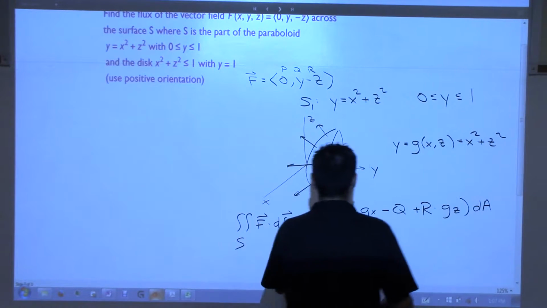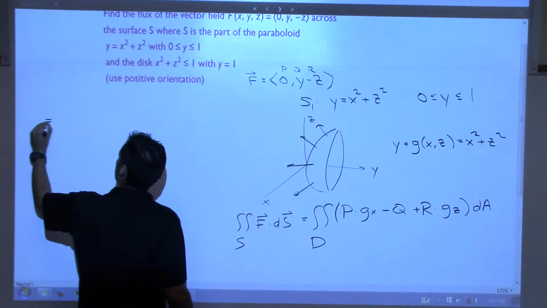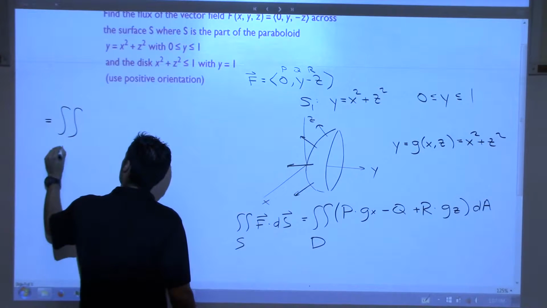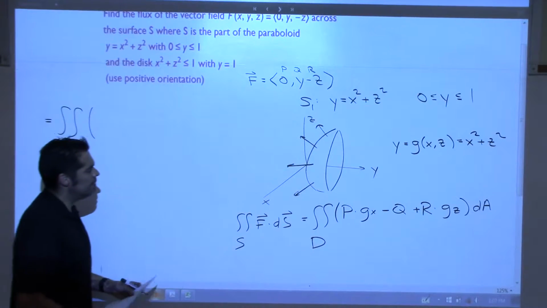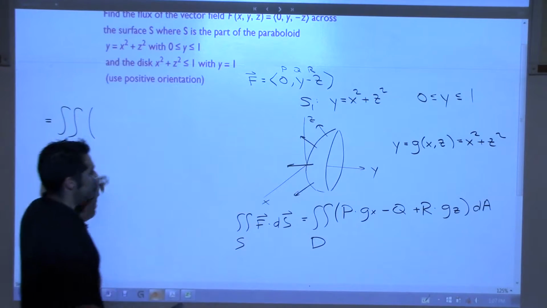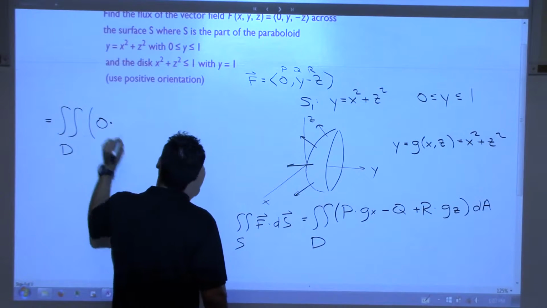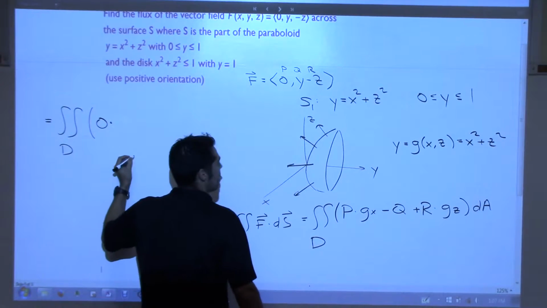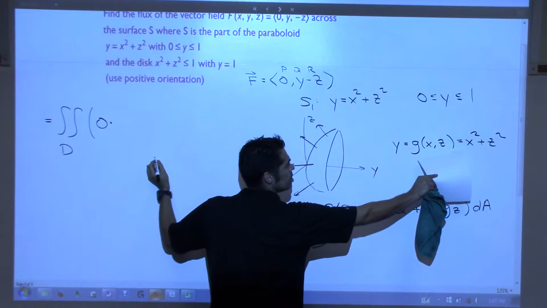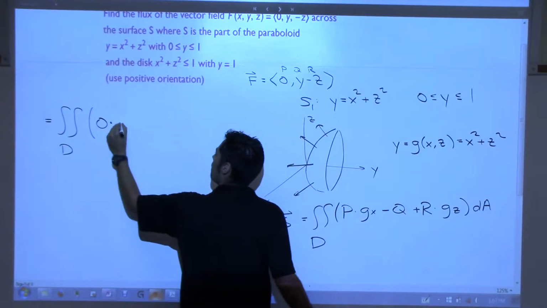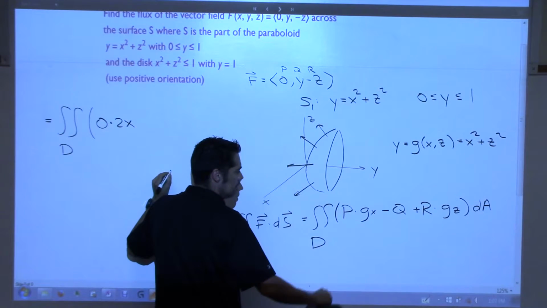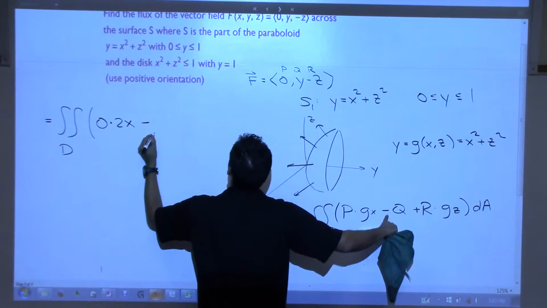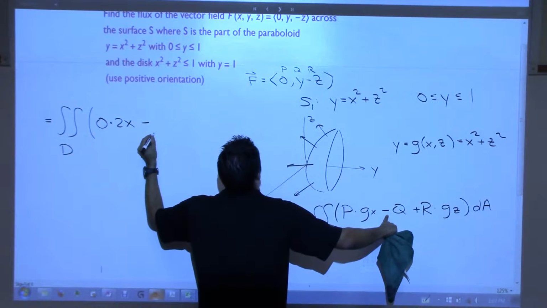So this should become equal to the double integral over D of, what's P? 0, that's nice. 0 times, and just for fun, what's the partial of g with respect to x? 2x, right? That's what it would have been. Minus Q, what's Q?